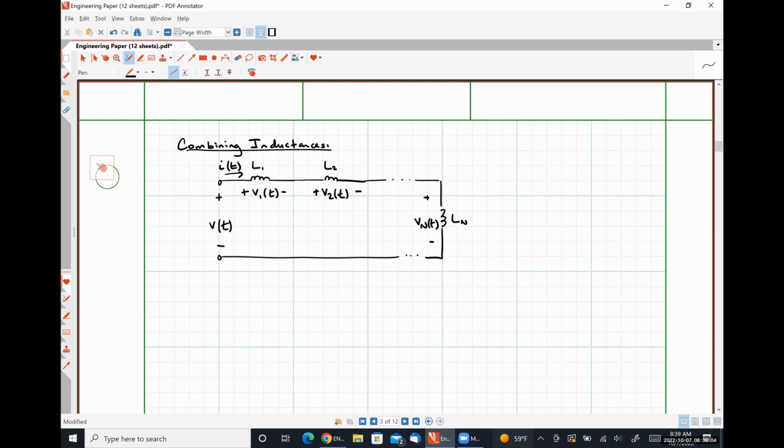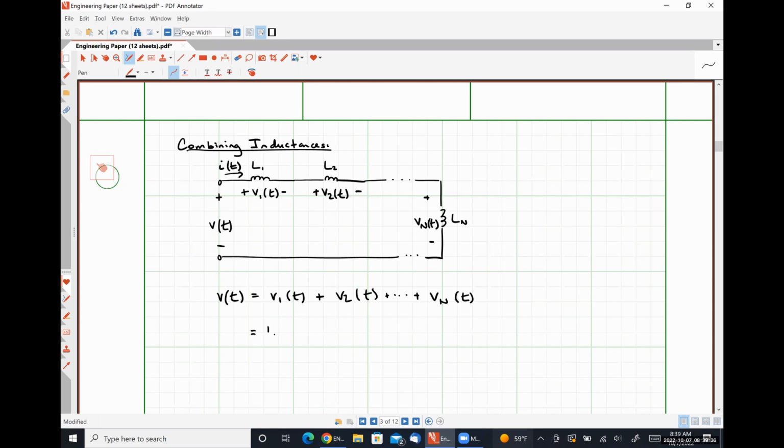If we apply Kirchhoff's voltage law, what we will find is that V of t is equal to V1 plus V2 all the way out to V sub n like so. We know that the voltage drop across an inductor is related to the current flowing through the inductor by the first equation that we developed.